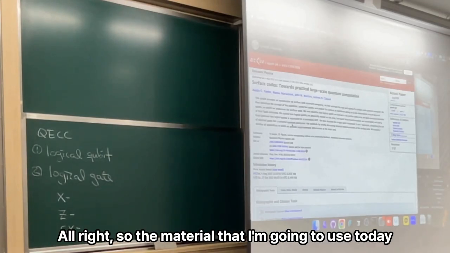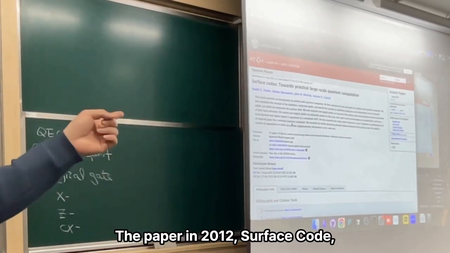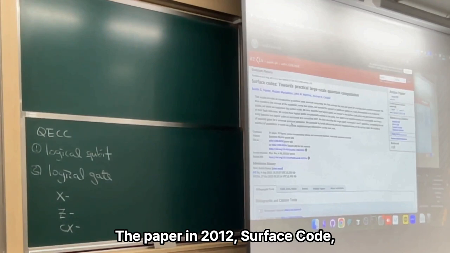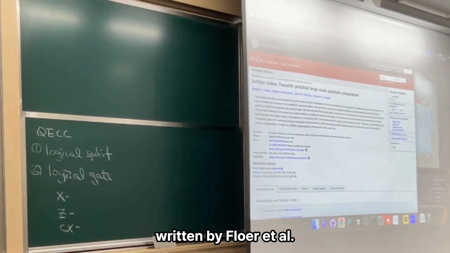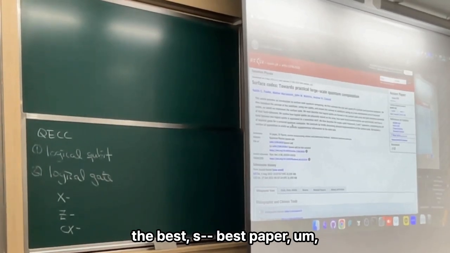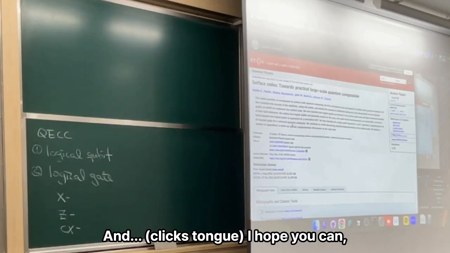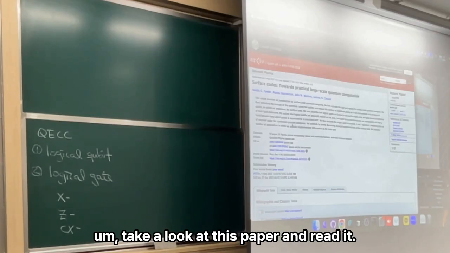The material that I'm going to use today is the 2012 paper on the surface code written by Fowler et al. So far I found it the best paper to understand the surface code. I hope you can take a look at it and read it.